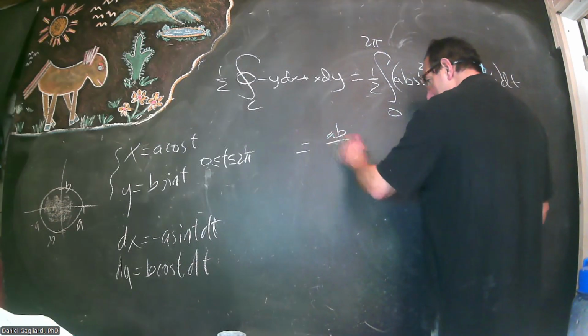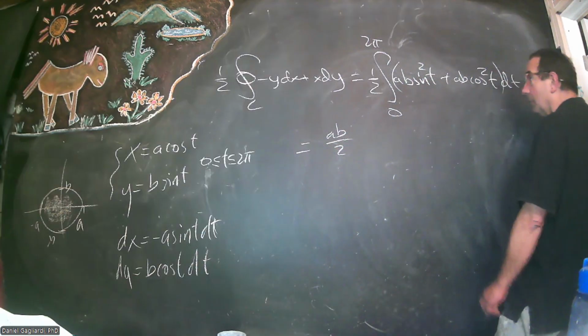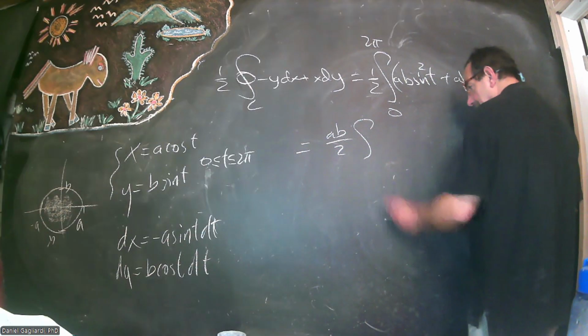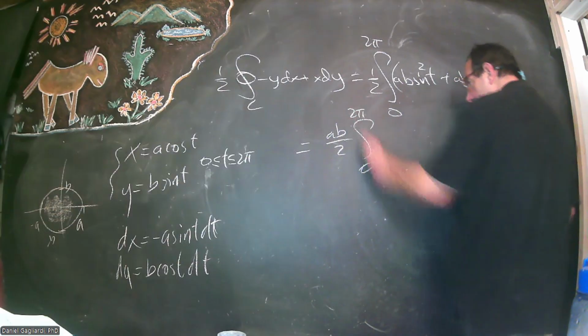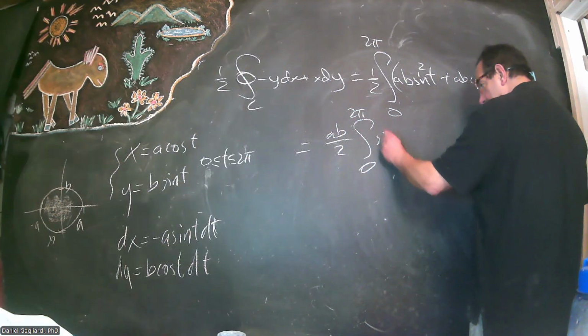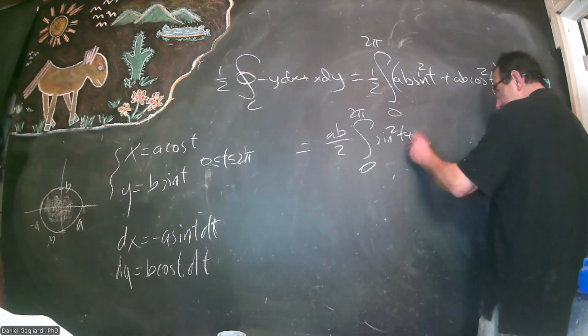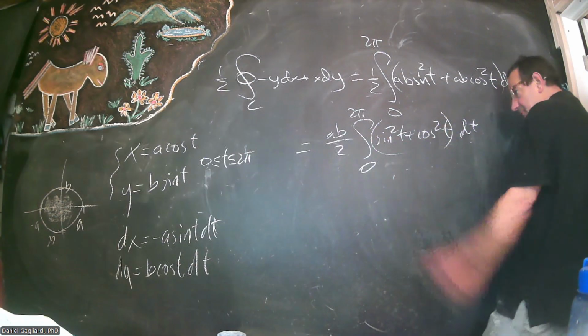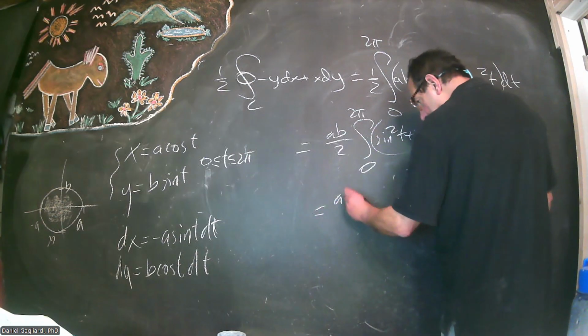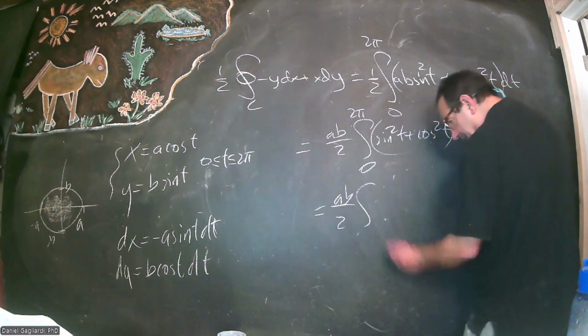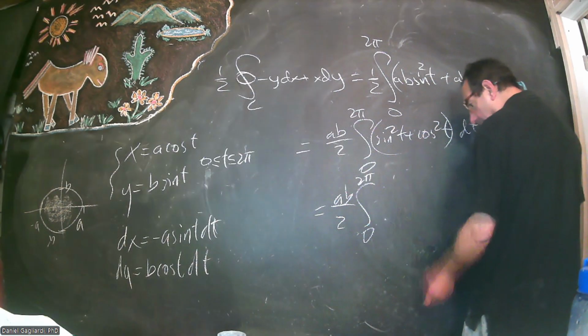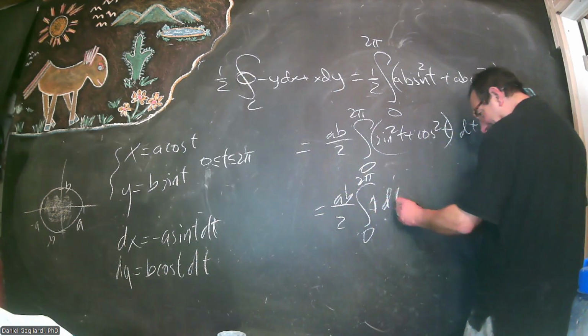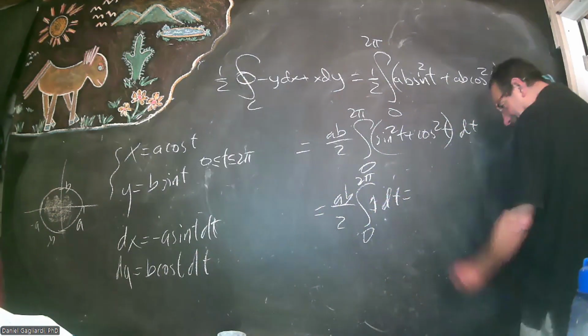So we factor out an ab because they're constants after all, right? And then all we have left is the t integral from 0 to 2 pi of sine squared plus cosine squared, right, dt. And of course, that's 1. So we have ab over 2, the integral from 0 to 2 pi of 1 in t land, which is just t, right?